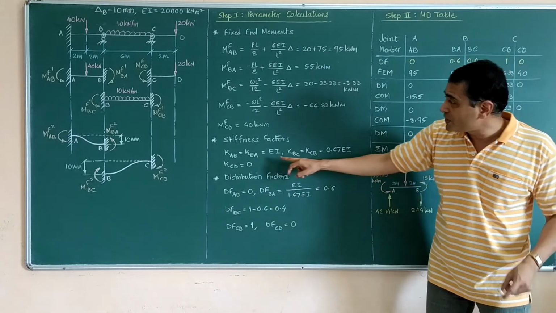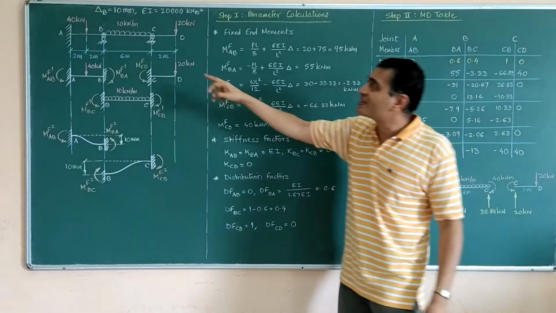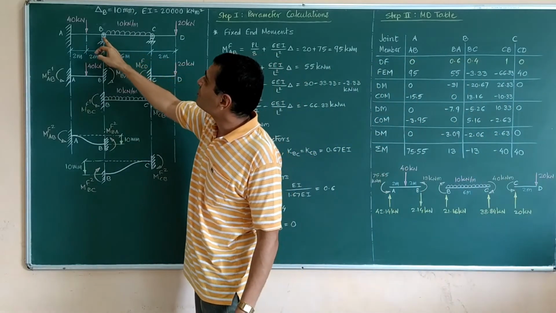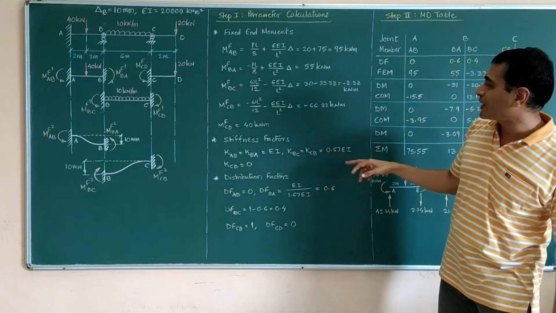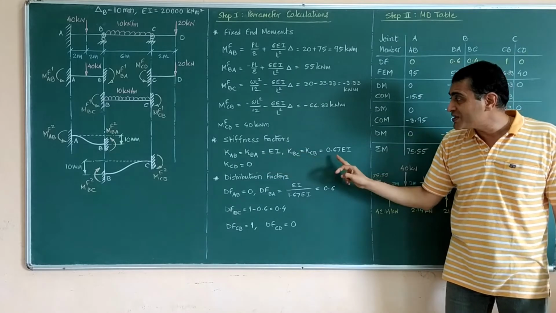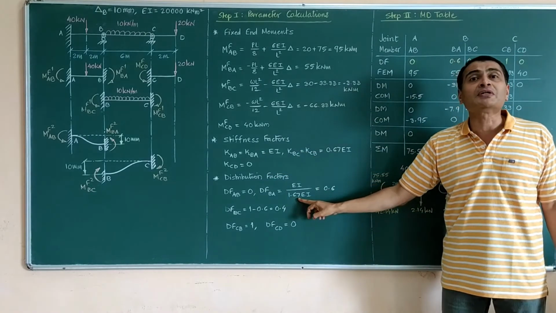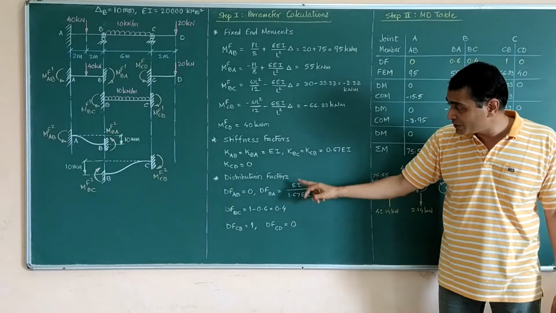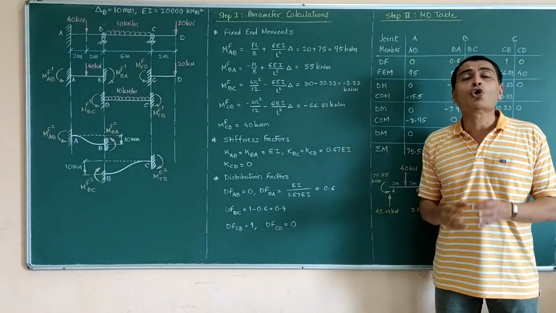Stiffness of BA we have written as 1 EI, whereas sigma stiffness at B joint means stiffness of BA plus stiffness of BC. We already calculated stiffness of BA as 1 EI, stiffness of BC as 0.67 EI. So 1 plus 0.67, I am writing 1.67. EI will get cancelled and I am getting 60% or 0.6.